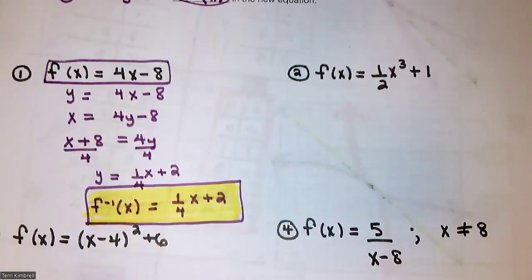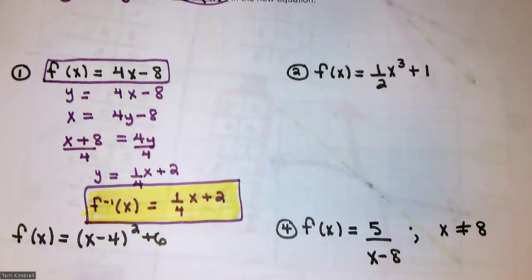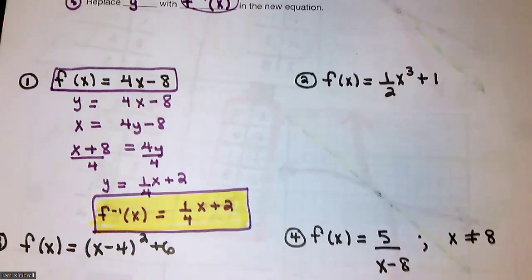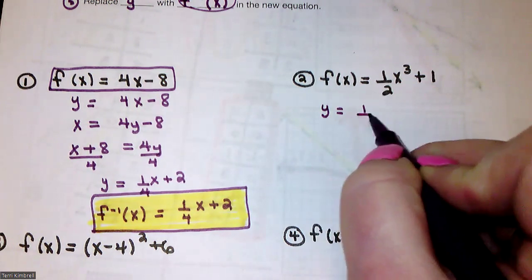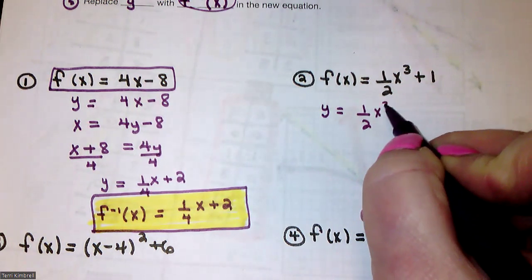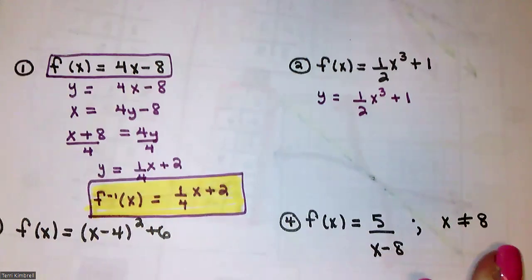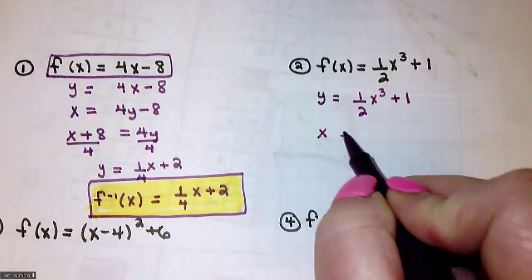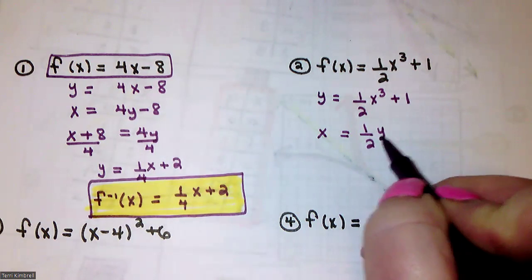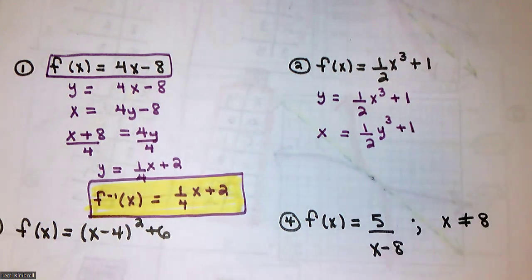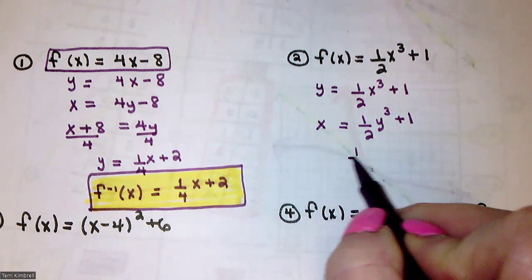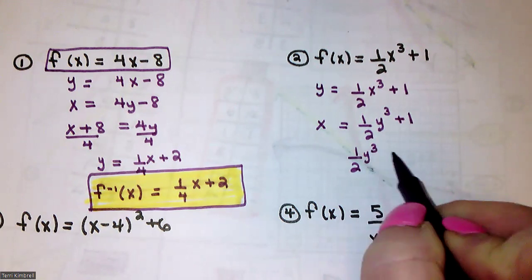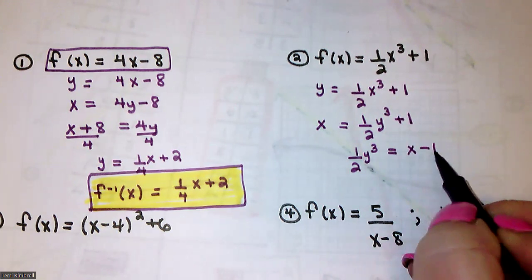So a cubic graph, if you think about a cubic, would pass both the vertical and horizontal line test. So we're going to go ahead and replace f of x with y. Then I'm going to interchange my x and my y. And now I'm going to solve for y. So we're going to subtract 1, so I'll have 1/2 y to the third equals x minus 1.